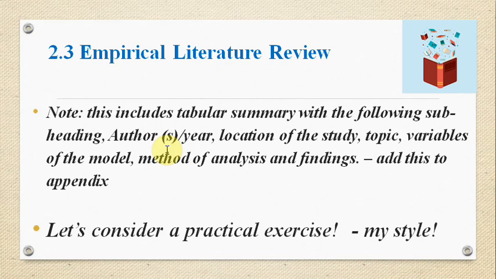Don't carry the whole summary and put it inside that cell. That makes it too long and very difficult to understand. You can even use a formula. If this person found that there is what they call a positive impact on economic growth, that positive impact can be represented with a greater than sign, or a plus sign, in terms of relationship, so that you don't put the whole sentence in a table. That table should be as simple as possible.